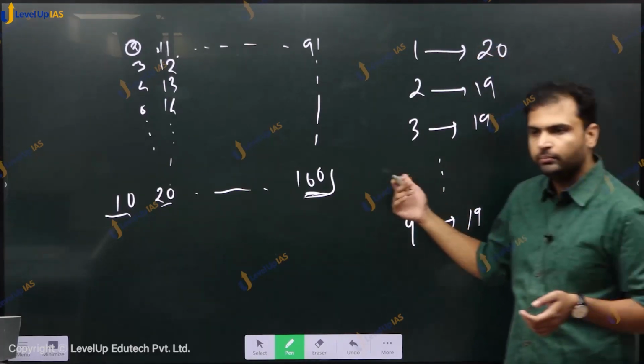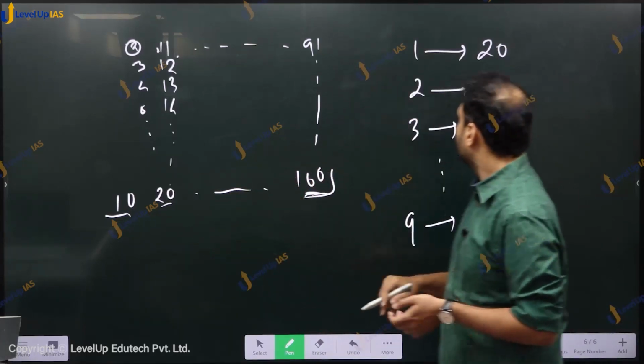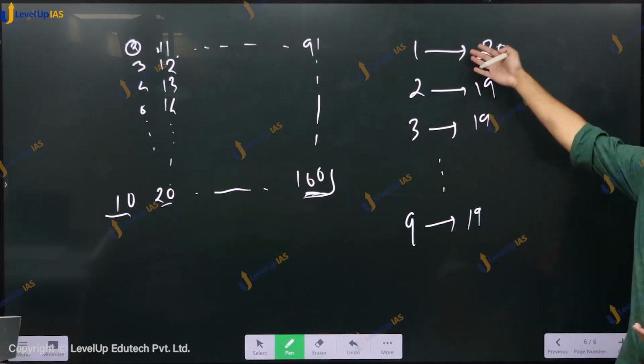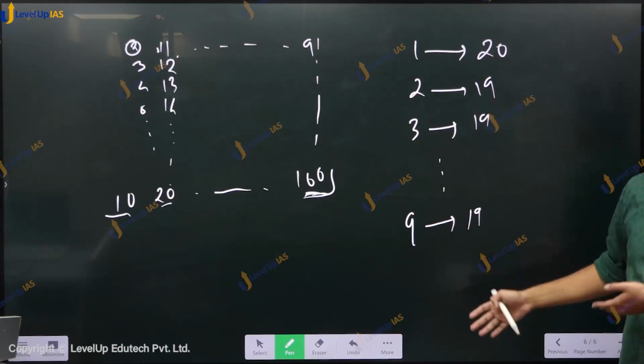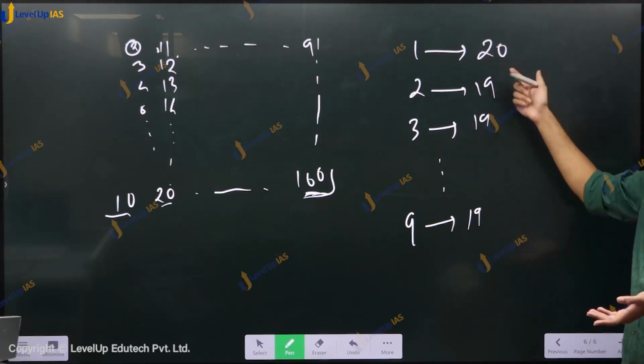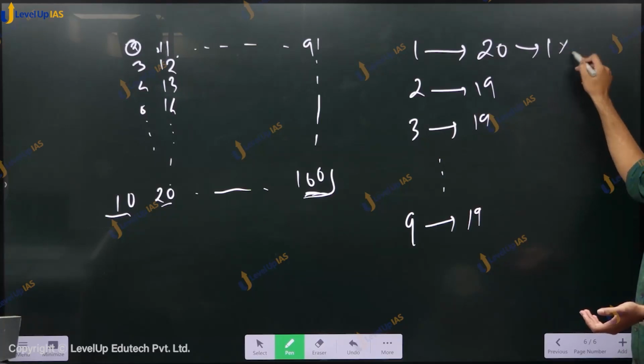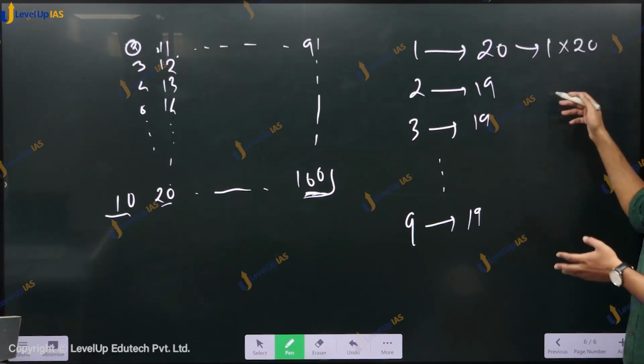Now what would be the sum? These are all the digits; we have just enlisted all the digits. Now what will be their sum? For 1 it is 1 into 20, that is 1 plus 1 plus 1 and so on.